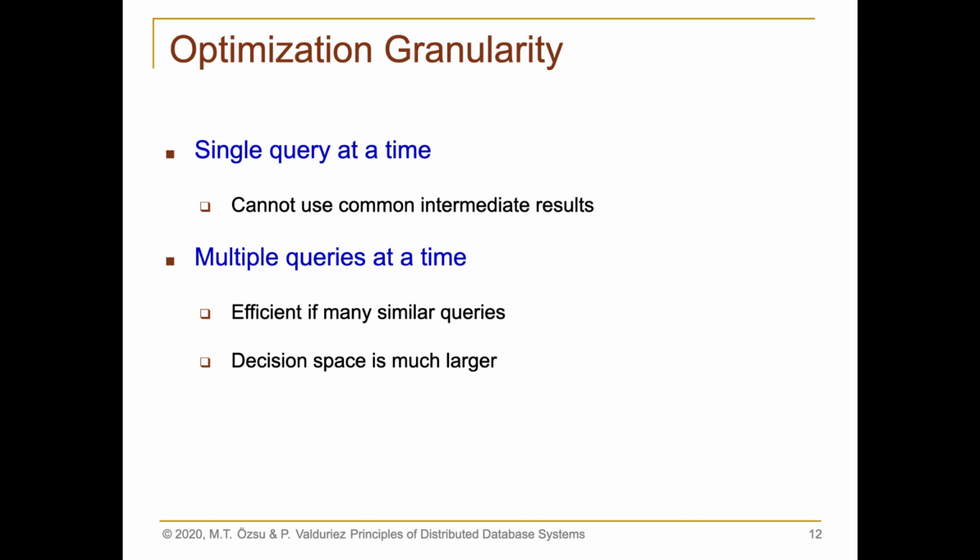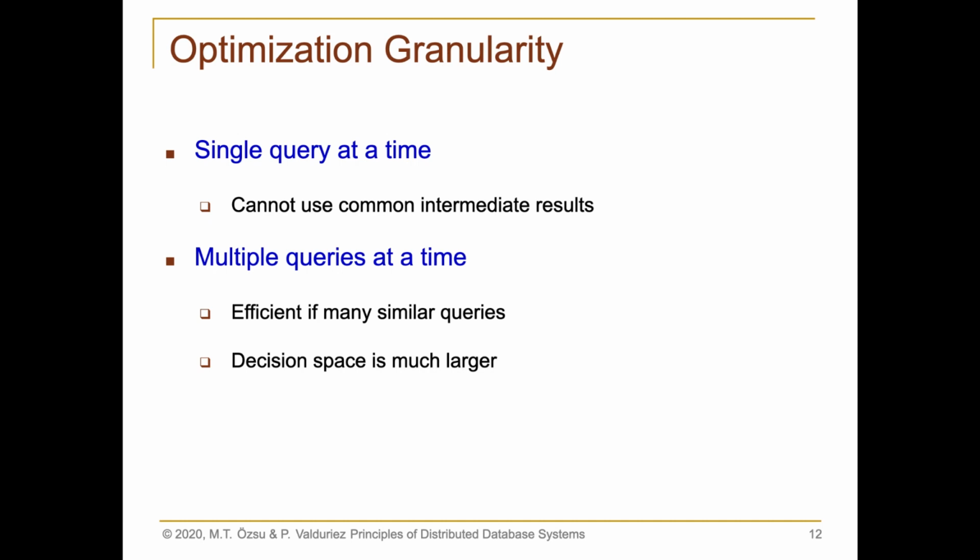These common intermediate results in a multi-query scenario improve the performance of access to relations, because you could access intermediate results of other queries, saving computational resources that might be required to access the same results. In the case of multiple queries at a time granularity, it's efficient if many similar queries are available.